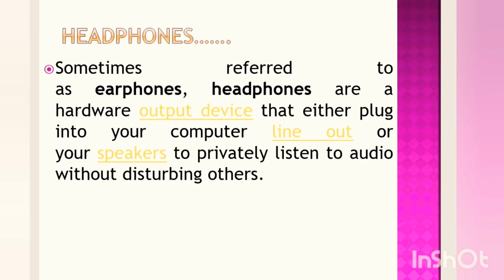They are one of the hardware devices, a type of output device. When you use headphones, it will not disturb others, because the audio is only heard by you. If you connect the headphones to the computer, the audio does not go out, so others are not disturbed.